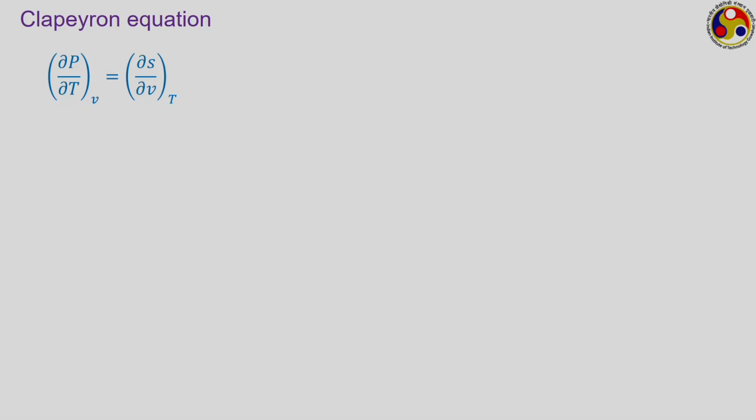Now, this is one of the Maxwell's relations that we have developed in the very first lecture of this module. When you are talking about a phase change process, then we know that the saturation pressure is a function of temperature alone.